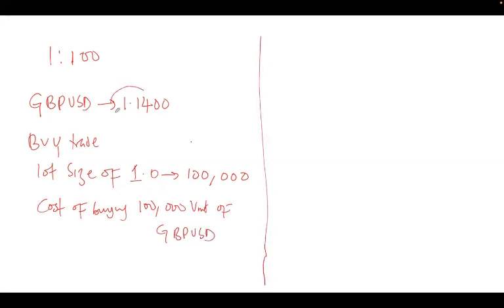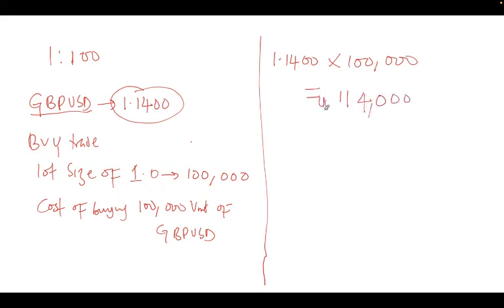Now, let me show us the cost. The price for one of this is 1.14, so the cost of buying this will be 1.14 times 100,000. If you multiply this, the total amount of money here is 114,123 USD.